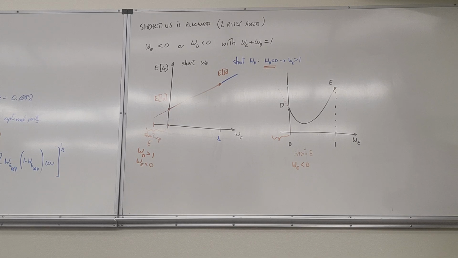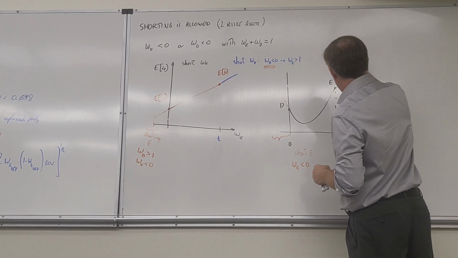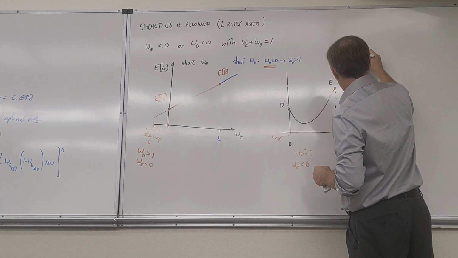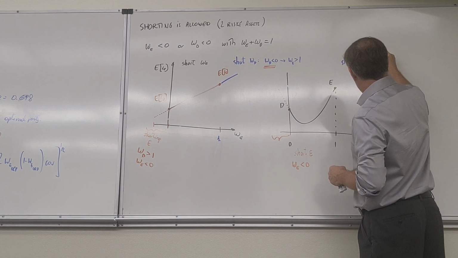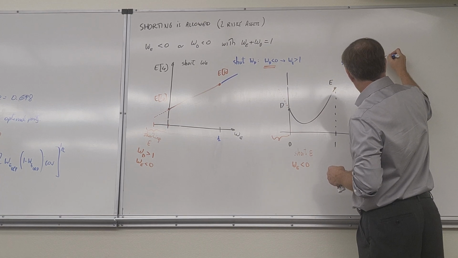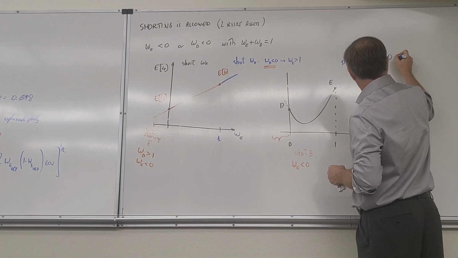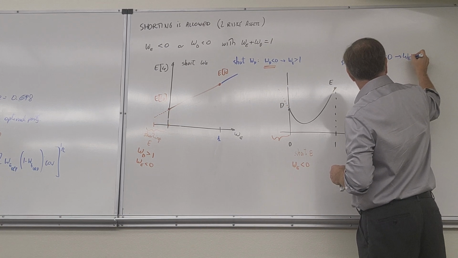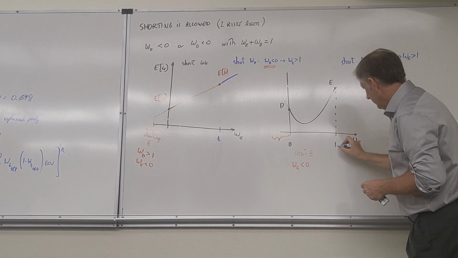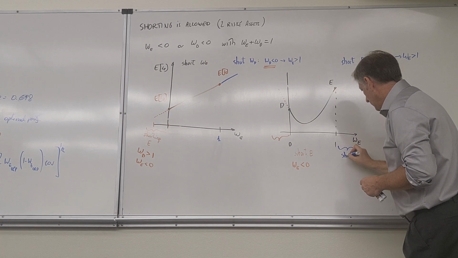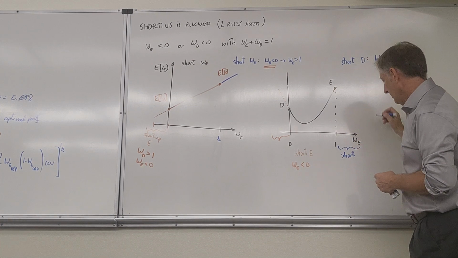below 0. What if you're allowed to short D? If you short D, that means that WD is less than 0, which implies WE is greater than 1. So you're now on this range, on this side of the graph.